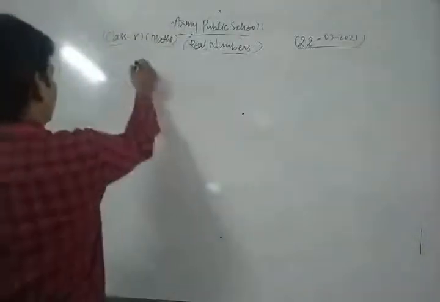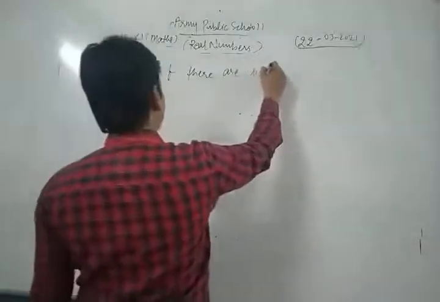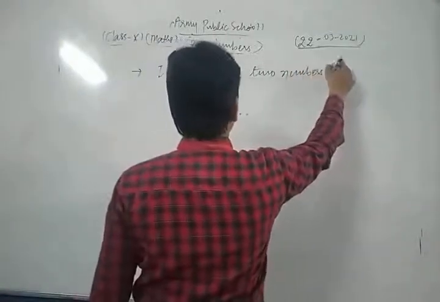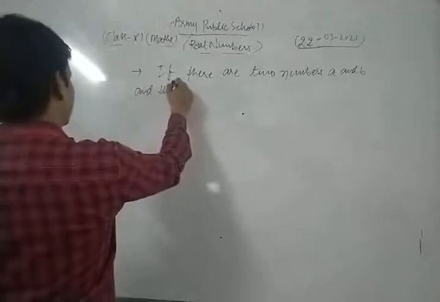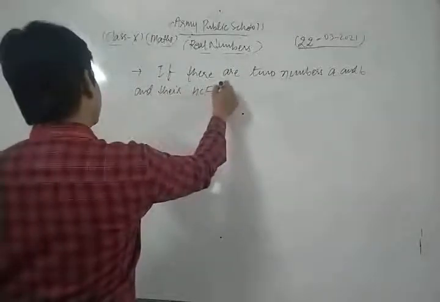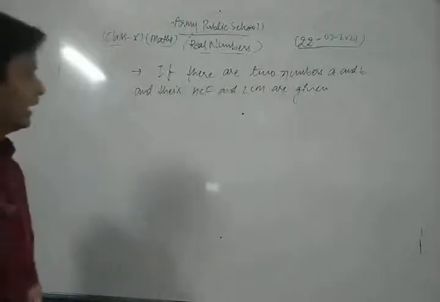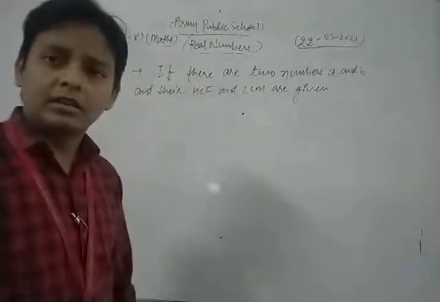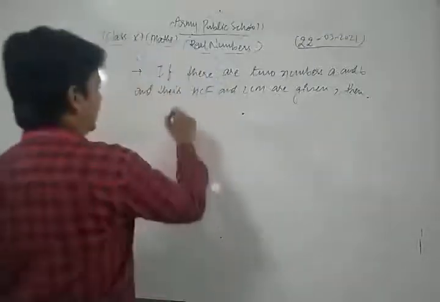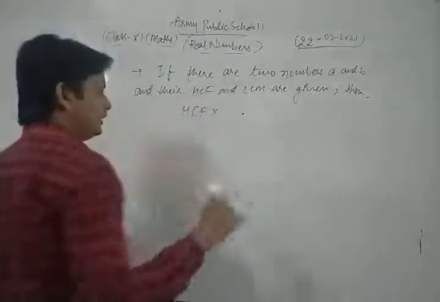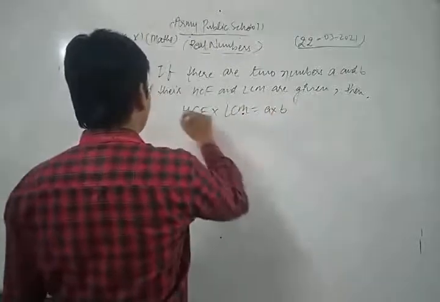Dear friends, if there are two numbers A and B, and their HCF and LCM are given, then the very important relationship between them is: HCF into LCM is equal to the product of these two numbers.